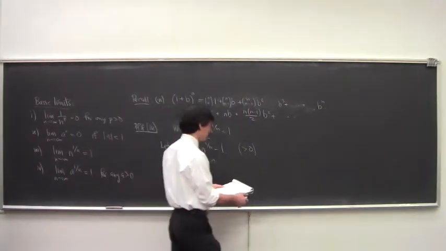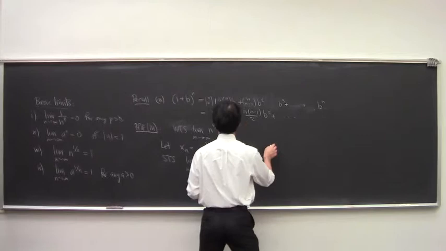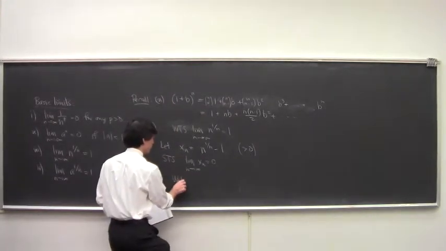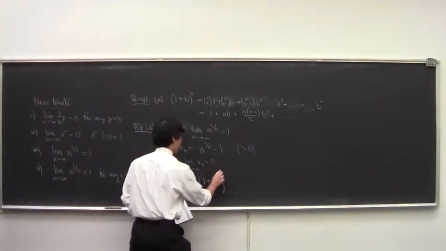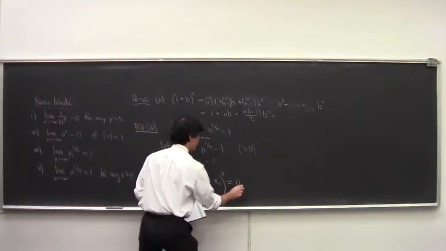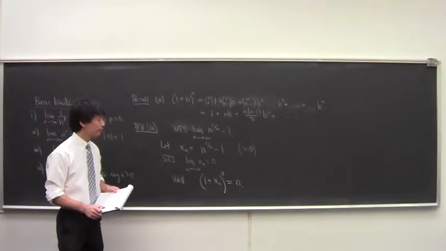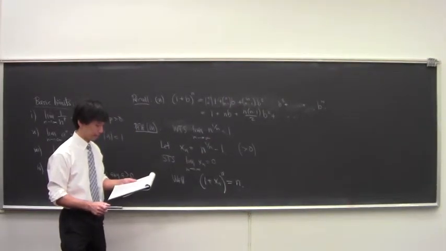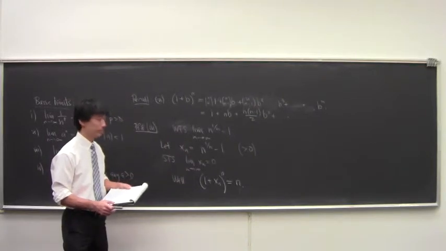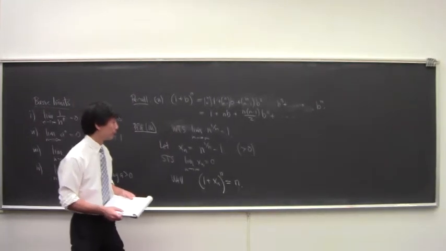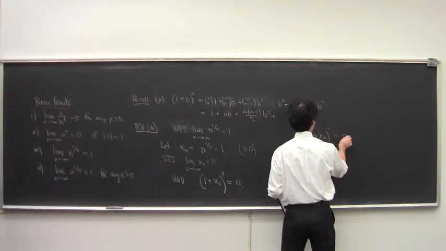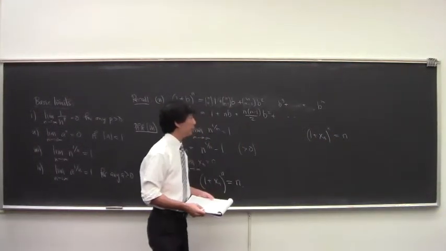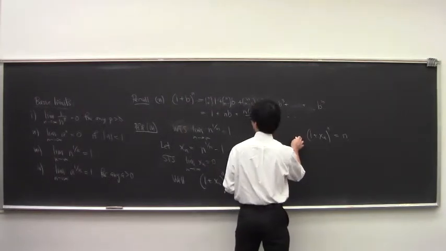Okay, so we say, well, look. We see that 1 plus x of n, quantity to the n, is n. So I'm going to write out 1 plus x of n to the n, that's equal to n. And we're going to pull something out of the binomial theorem.